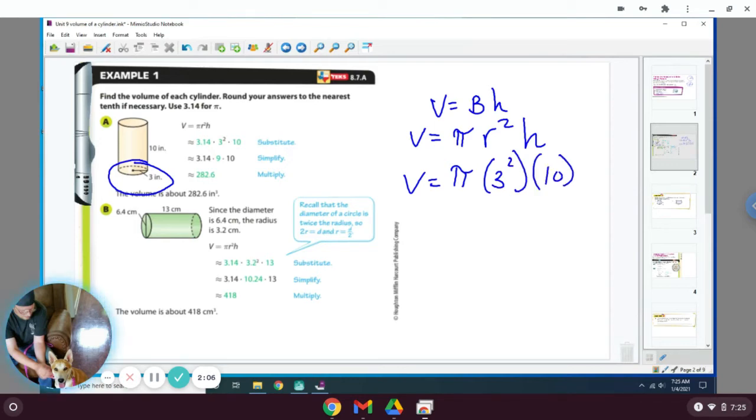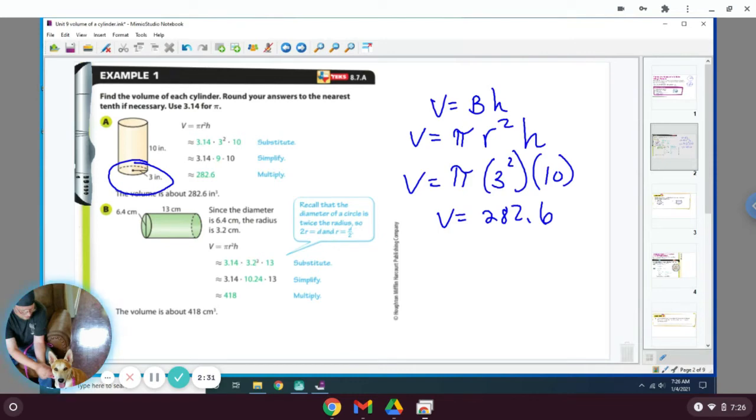So in the calculator, I'm going to do 3.14 times 3 squared, or 9, times 10, which comes out to 282.6. If you use the pi button on the calculator, your answer will be slightly different.